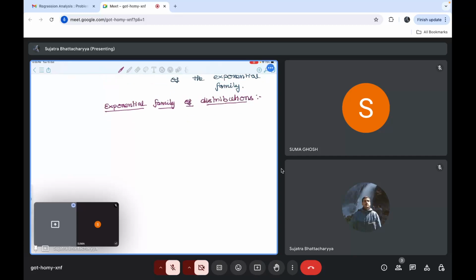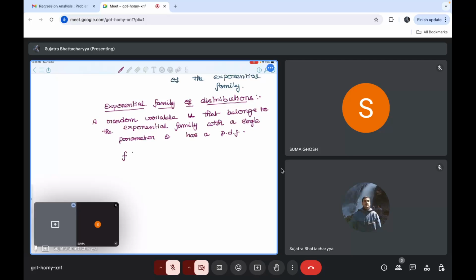All right. So what is the definition of this? Suppose a random variable, say u, following the same notation as in the video lectures, u belongs to the exponential family with a single parameter theta, and has a probability density function, PDF, f of u comma theta.